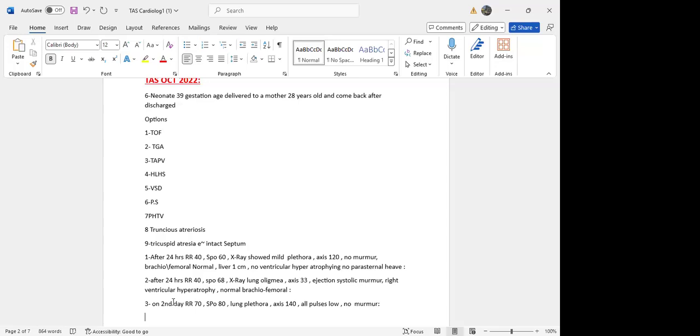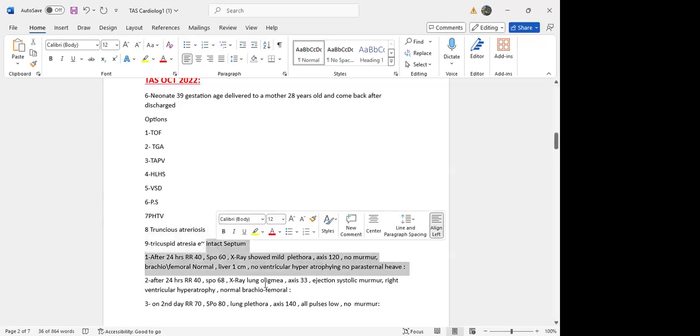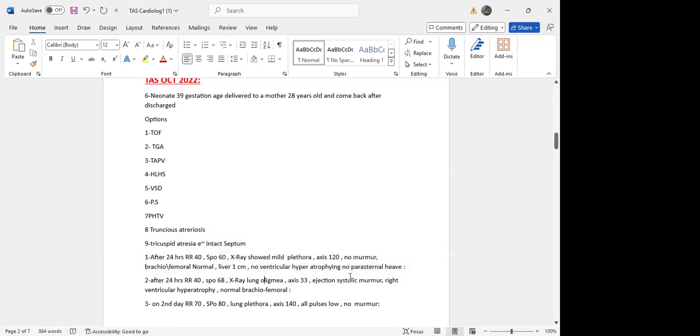Ejection systolic murmur. Now you're getting murmur, ejection systolic murmur, along with the right ventricular hypertrophy with normal brachiofemoral. So if brachiofemoral is normal, that means no systemic related problem, no HLH, nothing like that. So you think about cyanosis with oligemic lungs, meaning flow is not in the lungs, with the murmur.